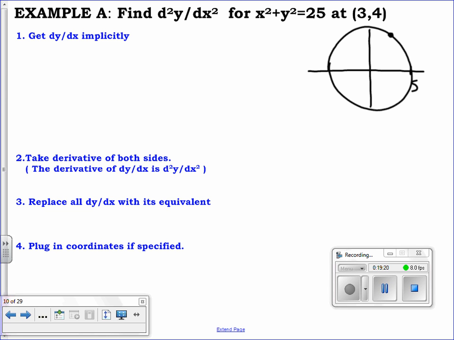No products. This is awesome. So what do we have for the derivative? 0. Okay. We don't have any distributing to do, which is great. Subtract the 2x.